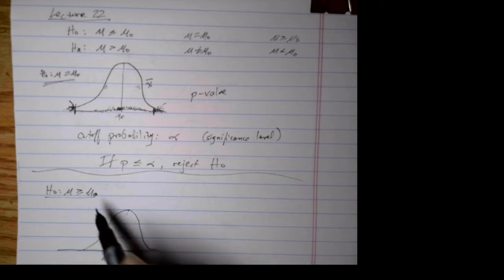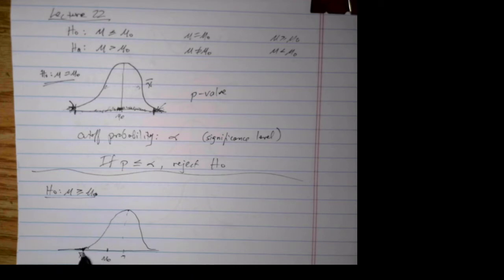And evidence against this null hypothesis would be a sample mean far enough to the left here. The null hypothesis says the population mean is over to the right of mu naught, over here somewhere. If we find a sample mean that's all the way out here, then that's evidence that this null hypothesis is incorrect. And the interesting probability here is the area underneath the x-bar curve that is to the left of this number.